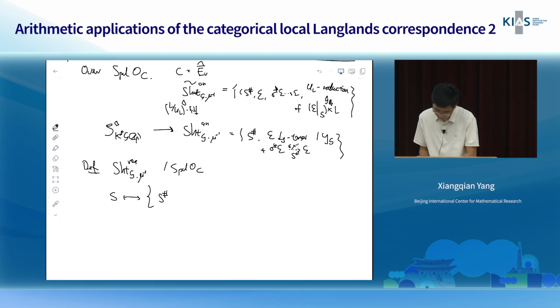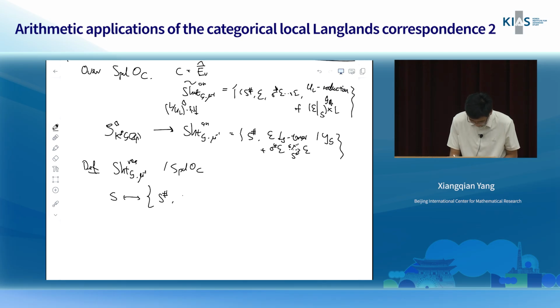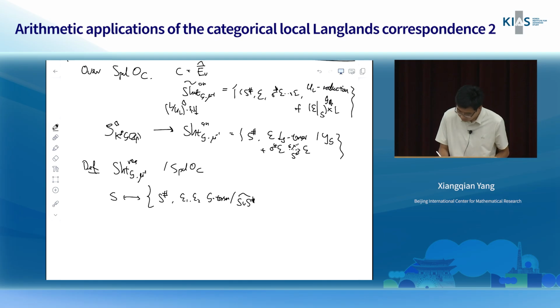So, okay, an untilt and two G torsors E1 and E2 over the completion of S union S sharp, and an isomorphism of E1 restricted to this.